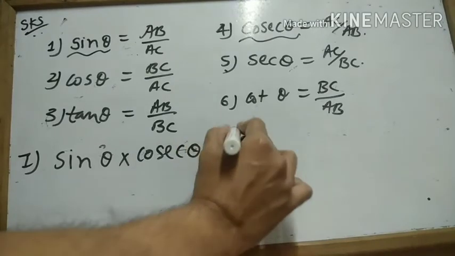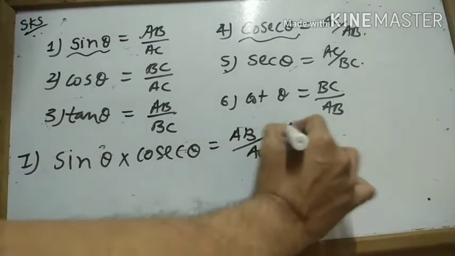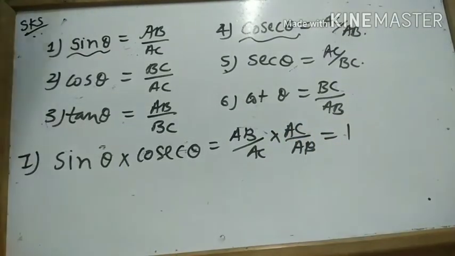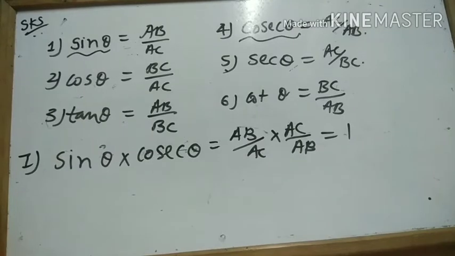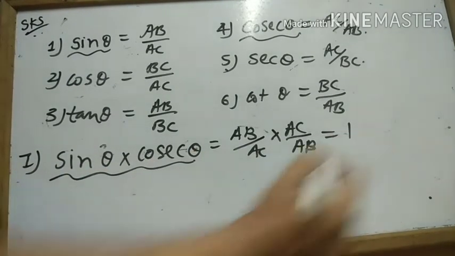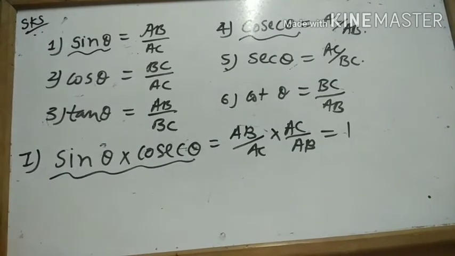Observe carefully. AB over AC multiplied by AC over AB, hence their product is 1. So I conclude that sine theta and cosec theta are multiplicative inverses of each other. I repeat, sine theta and cosec theta are multiplicative inverses of each other.